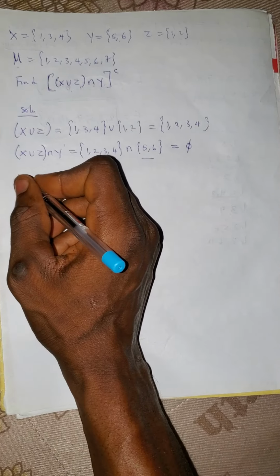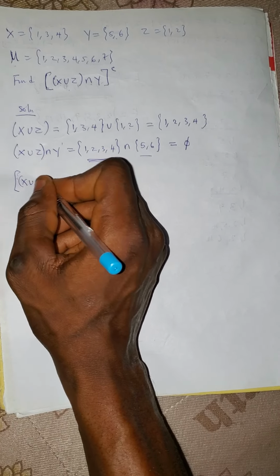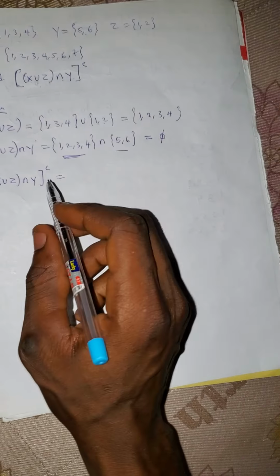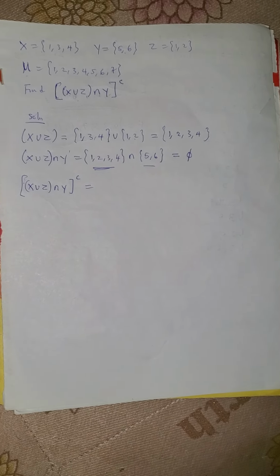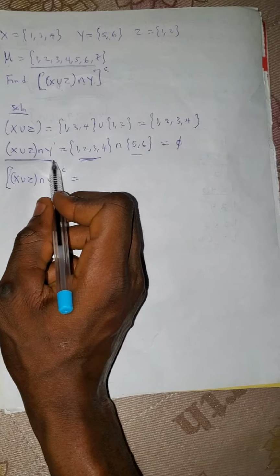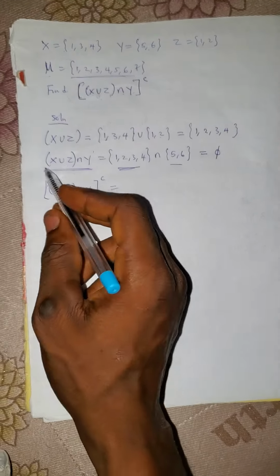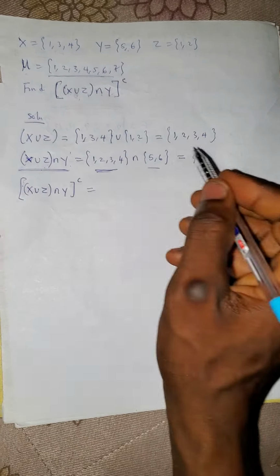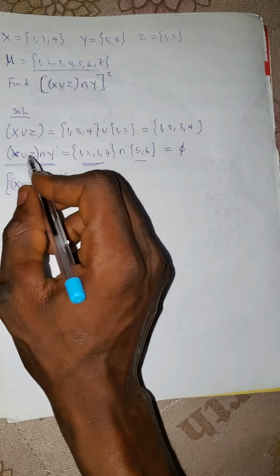Now, what is X union Z intersection Y complement? What's the meaning? It shows what are the values in the universal set that are not in X union Z intersection Y. What are the elements in X union Z intersection Y?